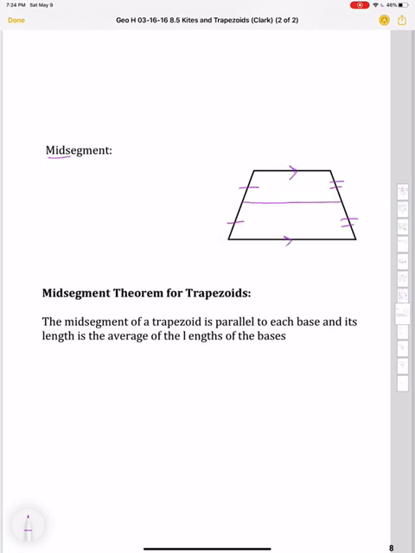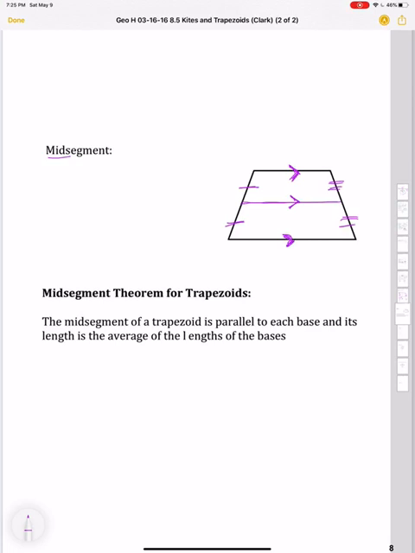It doesn't have to be for an isosceles trapezoid. Trapezoid means it has one pair of parallel sides, so that's our parallel side, and then a mid-segment cuts the legs in half. Now the cool thing about the mid-segment is not only does it cut the sides in half, it is also parallel to the bases. It has to be parallel to the other bases.